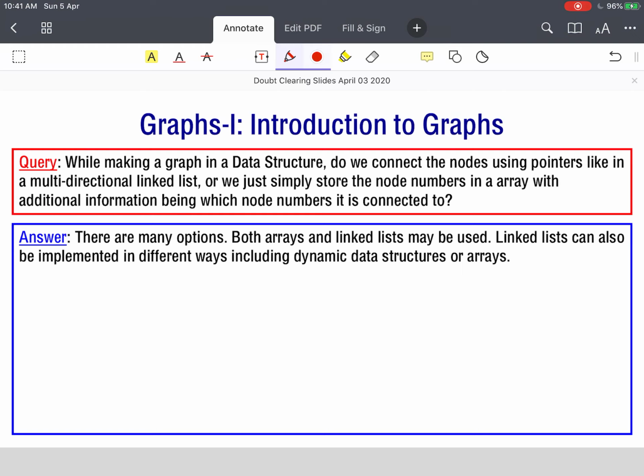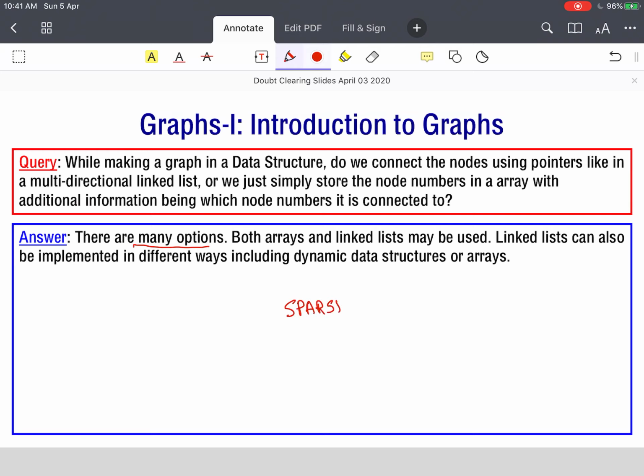Next we said that should we connect the nodes using pointers as in a multidirectional linked list or store it in an array? There are many options. Now both arrays and linked lists can be used. Linked lists can also be implemented by arrays or dynamic data structures.